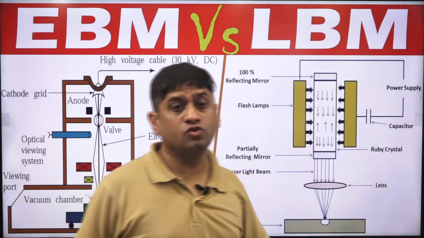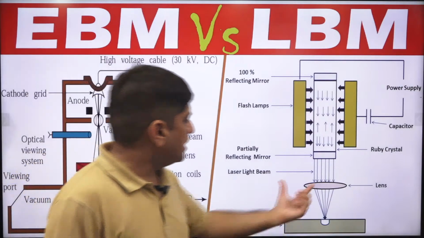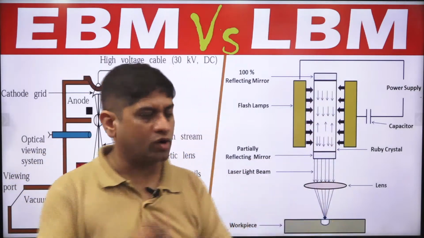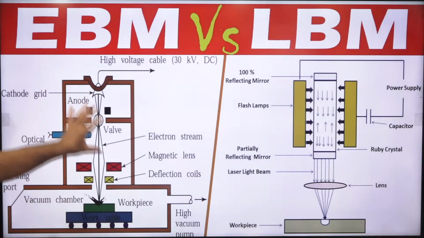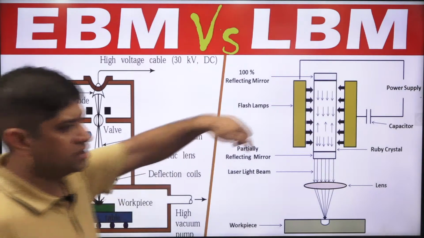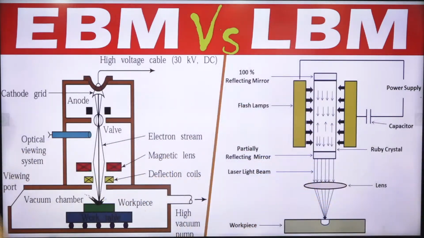Ruby crystal is used in laser beam machining, and then lenses are used to concentrate the beam further. In electron beam machining you need vacuum, magnetic lens and deflection coils, and you can get very different shapes, curvilinear shapes, contours. You can get contours in electron beam machining.